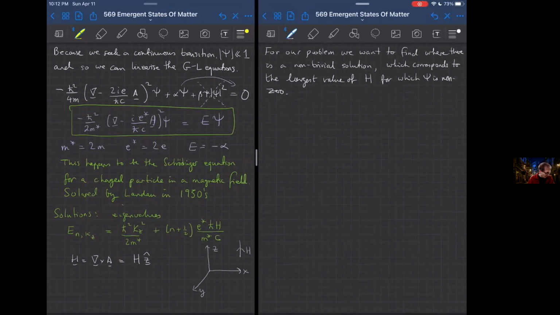So that's what we want to do. So let's see what that means. The smallest value of E is when we set kz equal to 0 and n is equal to 0, and so we just get 1/2 e star h bar h over m star c.